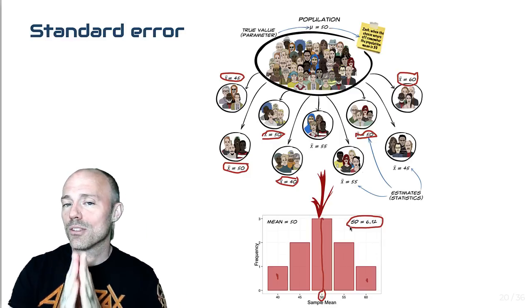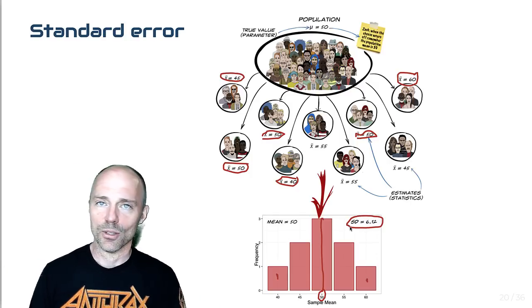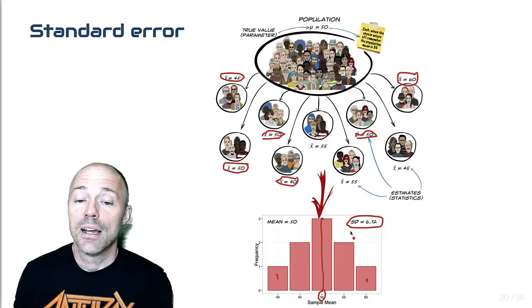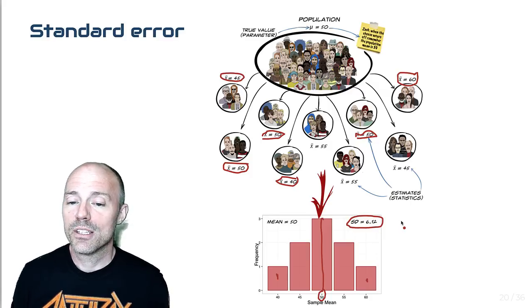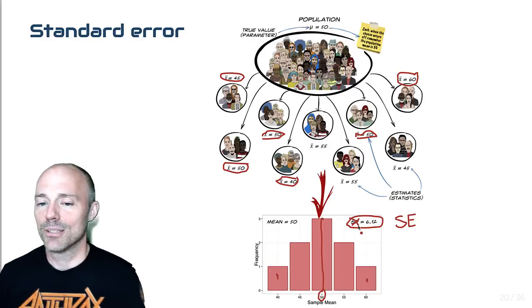Whereas if your sampling distribution is really spread out, then your samples potentially have very different estimates. And the standard deviation of a sampling distribution is actually called the standard error, not the standard deviation.